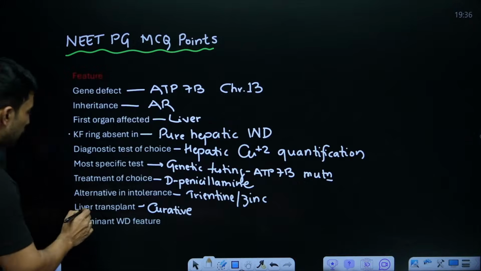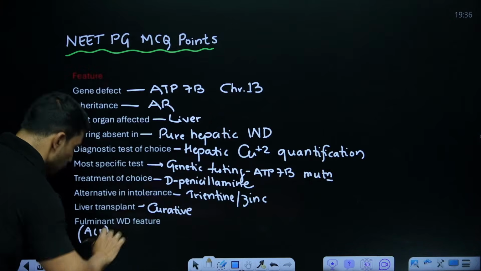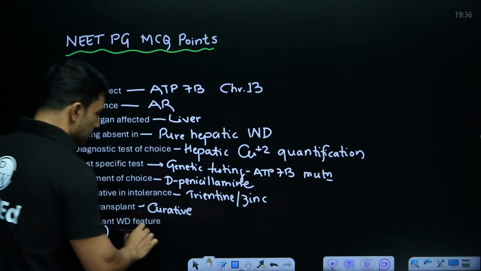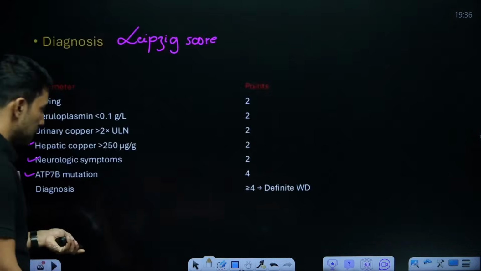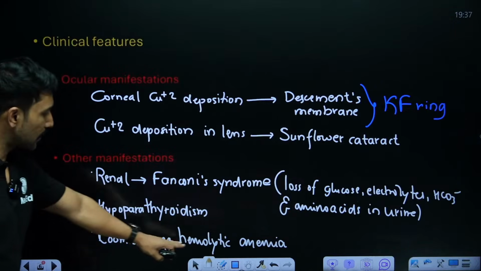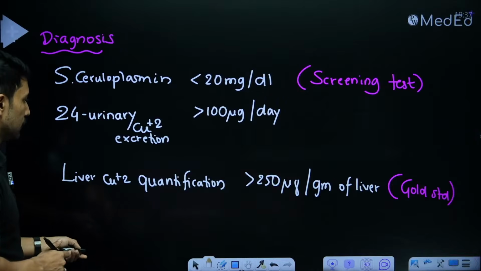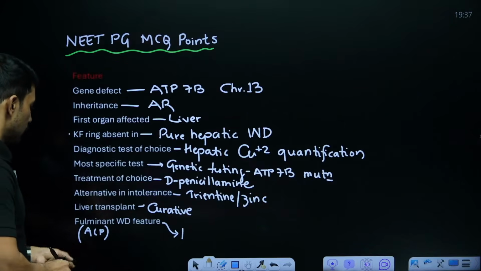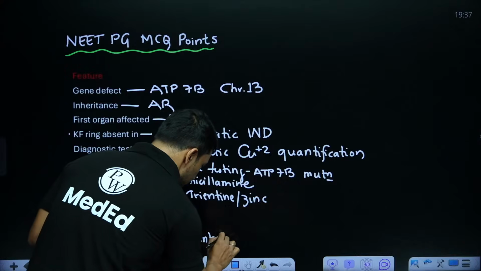And when should I suspect fulminant Wilson disease, or what we call as acute liver failure in today's terms? Any person who presents with, I've already told you this feature, Coombs negative hemolytic anemia, it's highly suggestive of a coexisting acute liver failure.